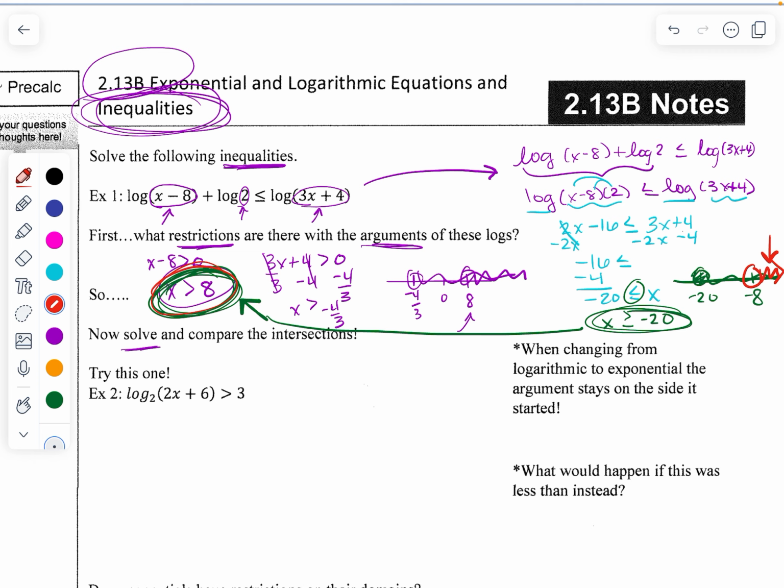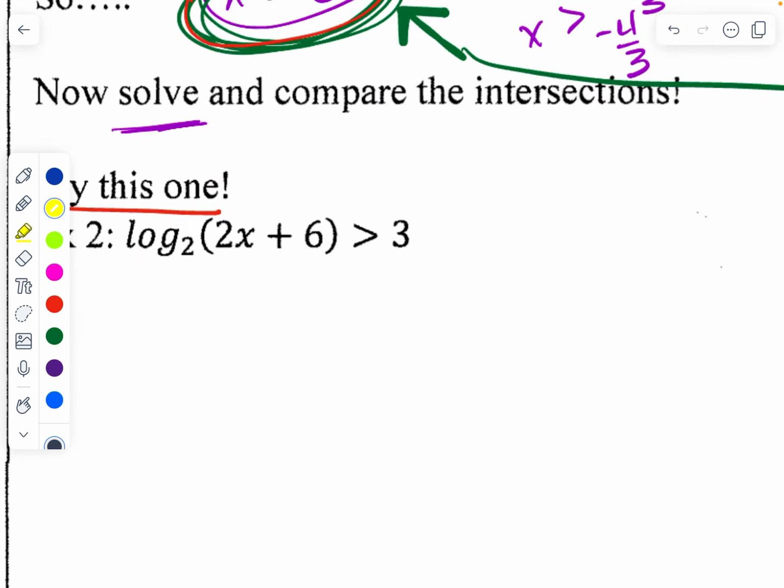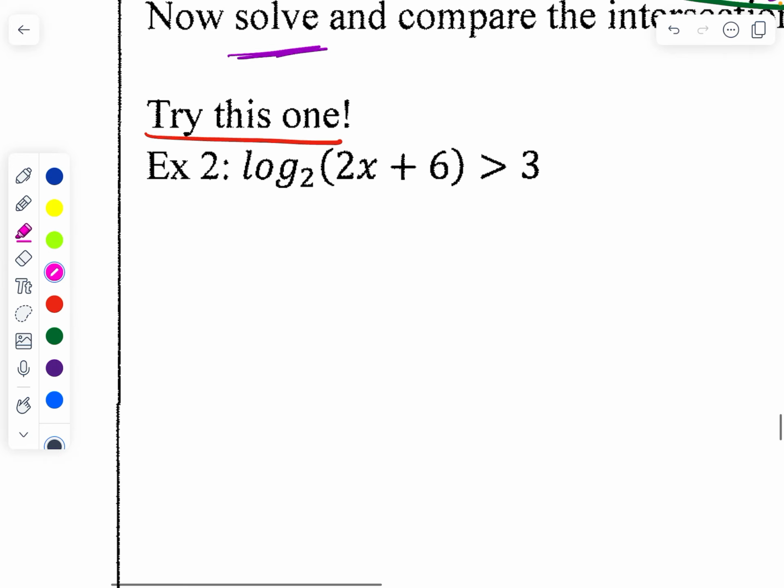Let's go ahead and try this one, okay? When we're trying this one, one of the things I want you to highlight is that when we're changing from a logarithmic to exponential, the argument stays on the side that it started with, okay? So there's kind of a clue. One of the ways that we can cancel out a log is by turning this into exponential form.